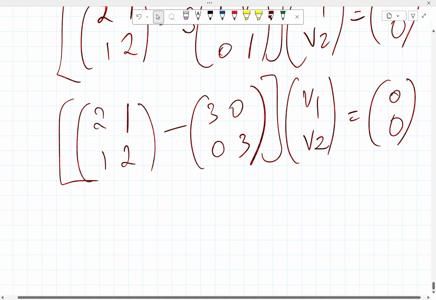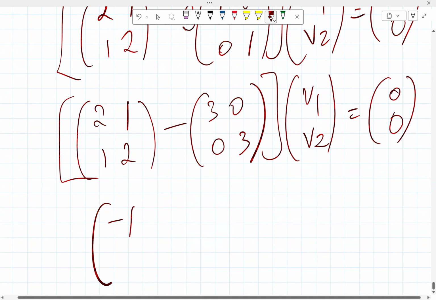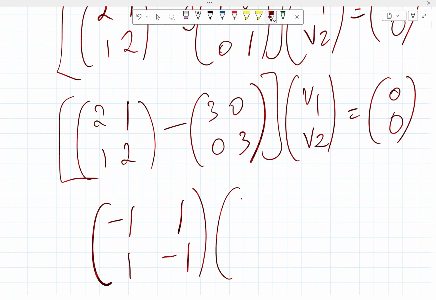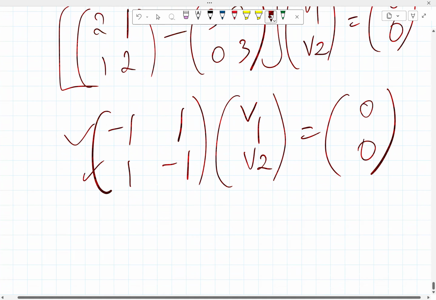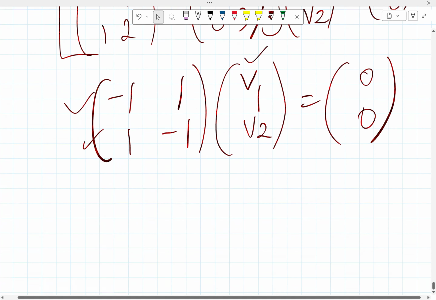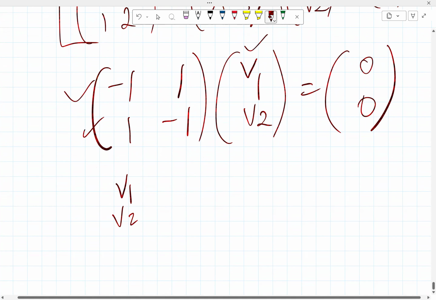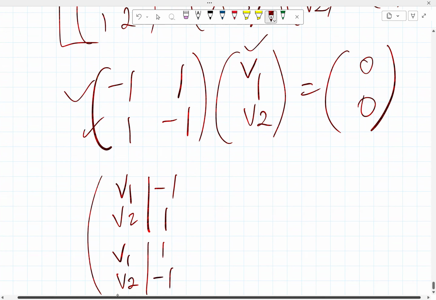So this is now 2 minus 3 is minus 1, 1 minus 0 is 1, 1 minus 0 is 1, and 2 minus 3 is minus 1, into v1, v2 equals 0, 0. Again, we have two rows here, so we write the column twice: v1, v2, v1, v2. All that is equal to 0, 0.